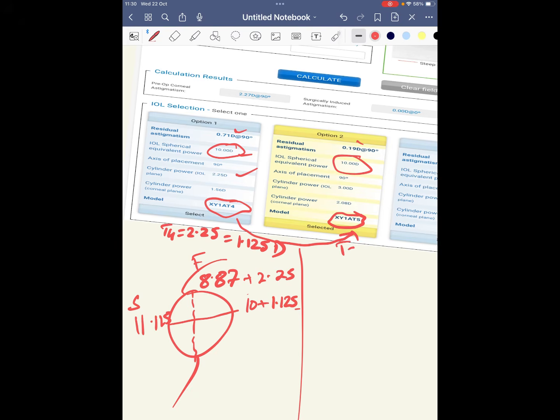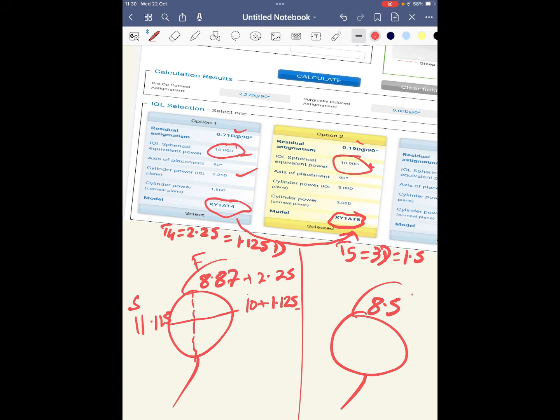Now let's look into the T5 model. It corrects 3 diopters on the corneal plane. Half of that is 1.5 diopters. So the power in the flat meridian will be 10 diopters, which is the spherical equivalency, minus 1.5 diopters, which is 8.5 diopters.